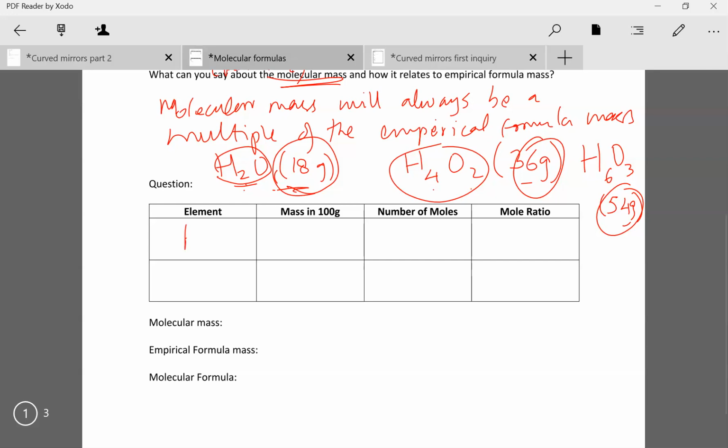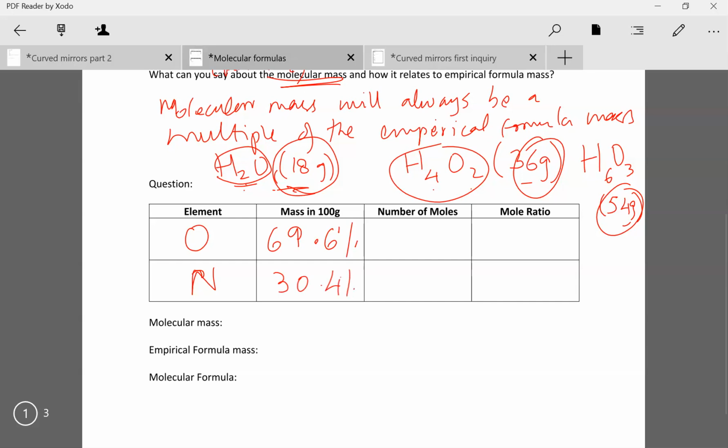Instead, we're going to do oxygen and nitrogen, where I will give you the percent composition of oxygen and nitrogen, which is 69.6% oxygen, and nitrogen would then be 30.4%.